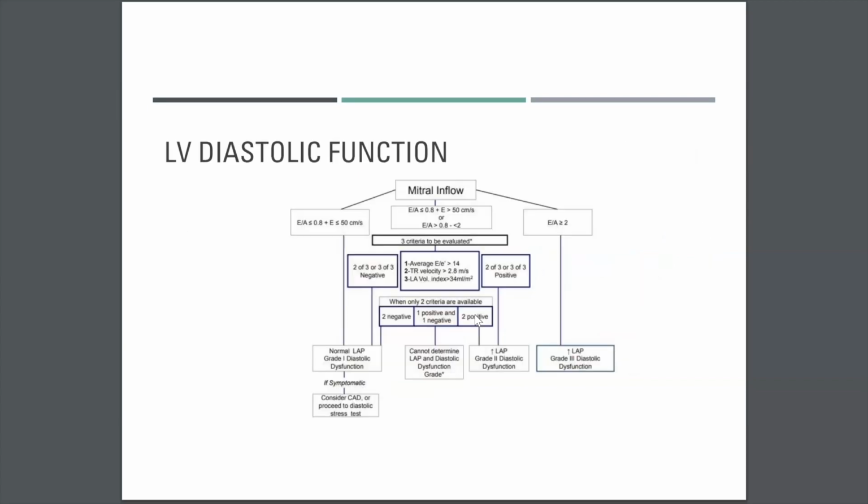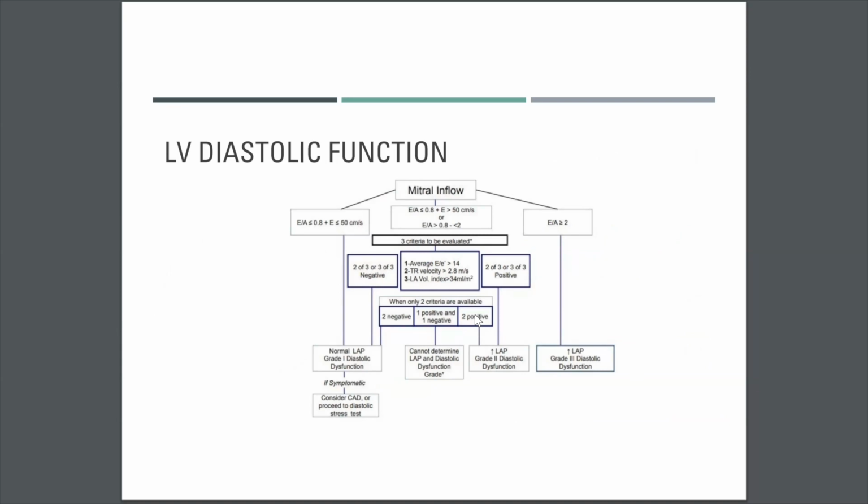And to complete our LV assessment, lastly, I just put a little slide up on LV diastolic function. Again, this is a very complicated topic that warrants a full talk on its own. This is just a cutout from the recent diastology guidelines, and the fellows in our lab, all of us, discuss a lot of times about what to call or how to grade diastolic dysfunction.